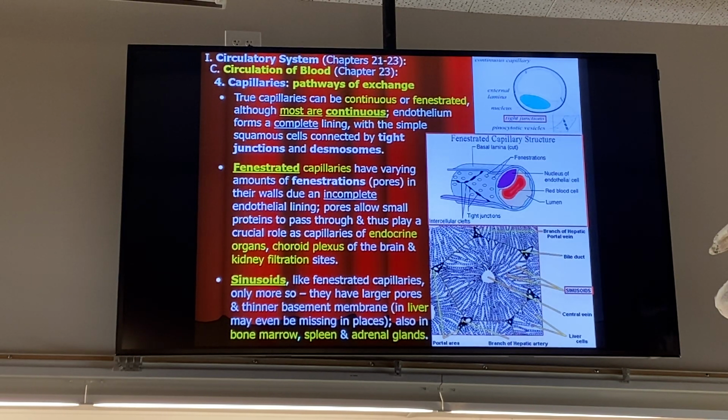Let's go to the left pulmonary artery, oxygenated, left pulmonary vein, left atrium, bicuspid valve, left ventricle, aortic semilunar valve, ascending aorta, aortic arch, descending thoracic aorta, descending abdominal aorta, right common iliac artery, right external iliac artery, right femoral artery, right popliteal artery, right posterior tibial artery to the ankle.